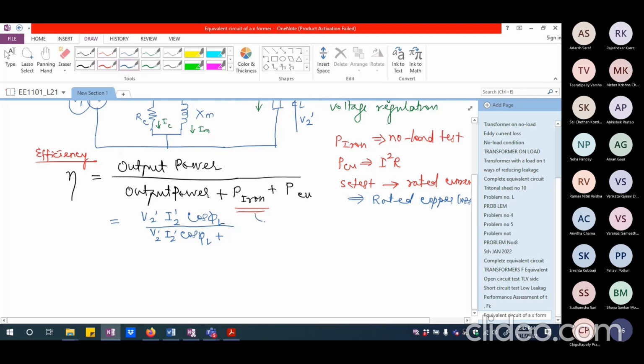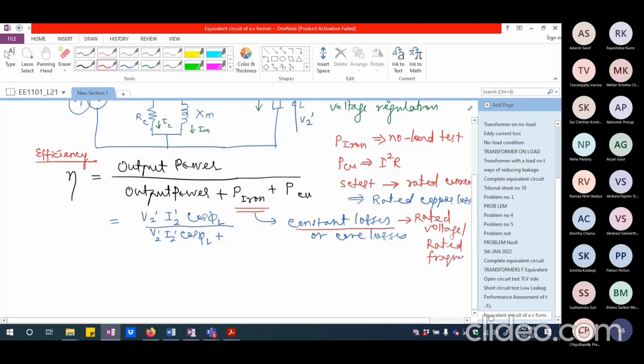That is the reason why we generally call these iron losses constant losses or core losses, because the losses take place in the core. They are constant only because you apply rated voltage and rated frequency.